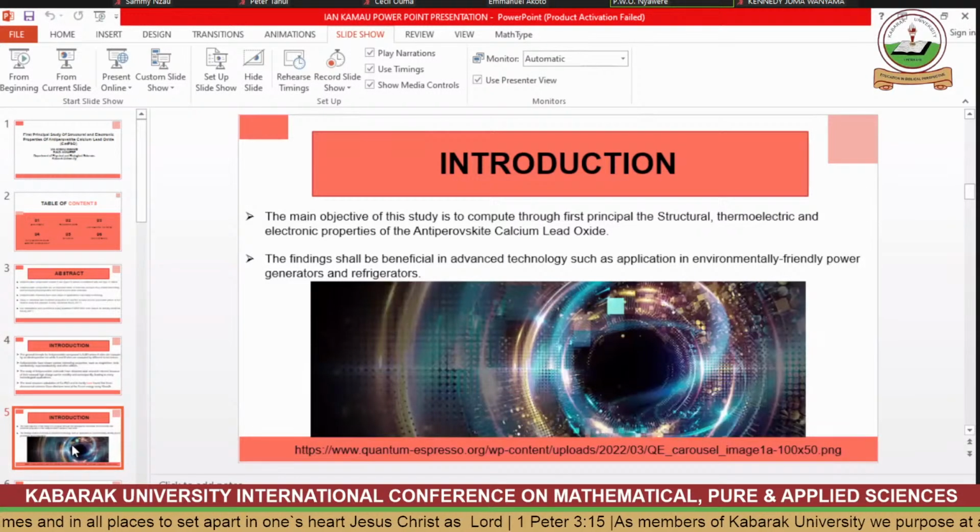The main objective of this study is to compute through first principles the structural, thermoelectric, and electronic properties of the antiperovskite calcium lead oxide. This finding shall be beneficial in advanced technology, such as application in environmentally friendly power generators and refrigerators.